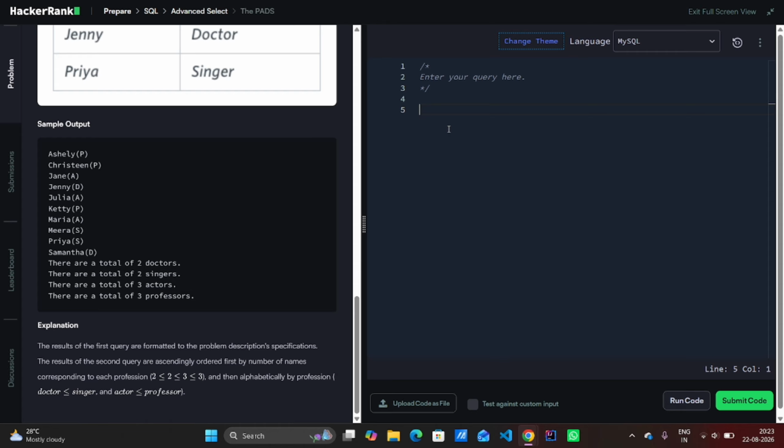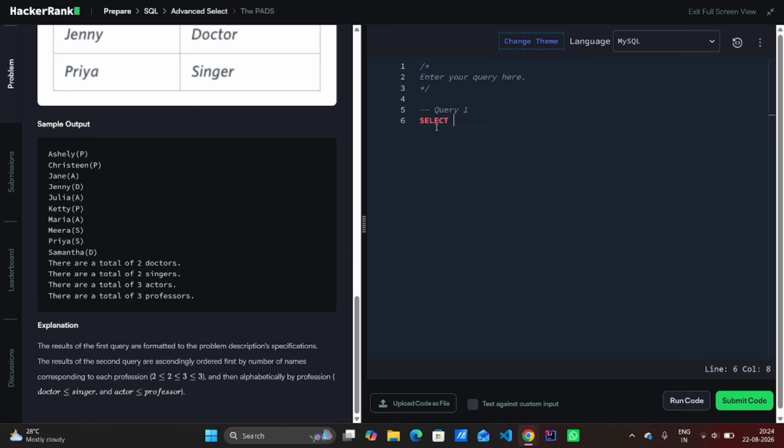Let's quickly solve it. I will add one comment: Query 1. Okay, so we have to do this first. According to the ascending order, we have to fetch the names and then their profession in parentheses.